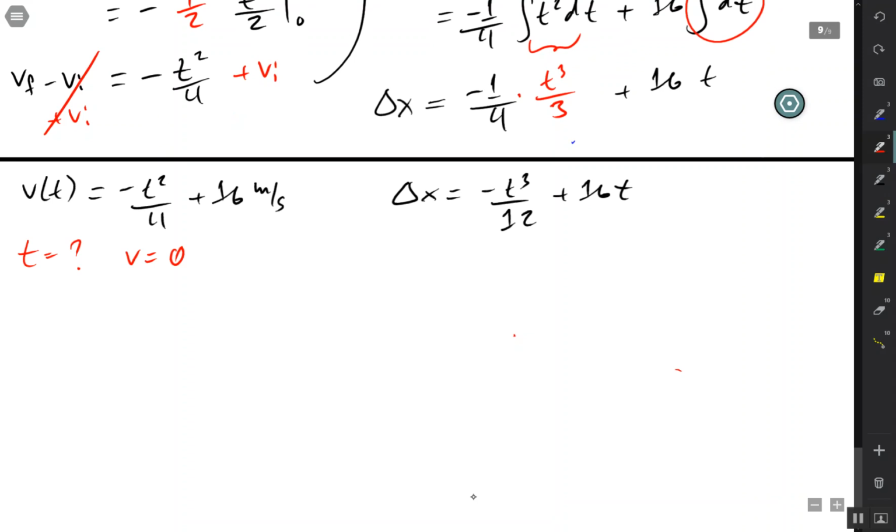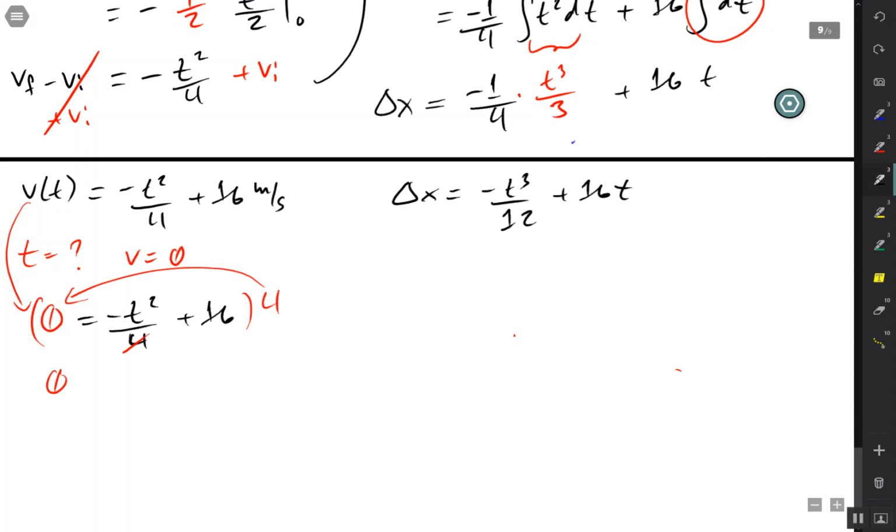So we need to set this to 0: negative t squared over 4 plus 16. Then I'm going to multiply all that by 4, so that will cancel out. 4 times 0 is still 0. And that's going to be 64.